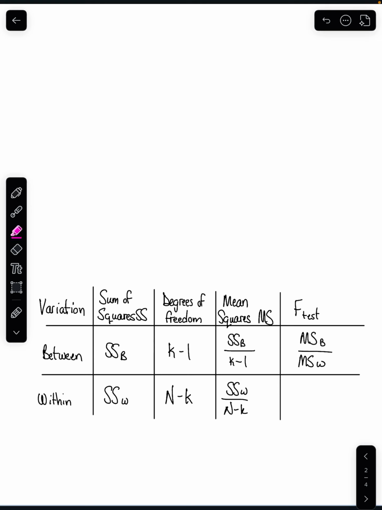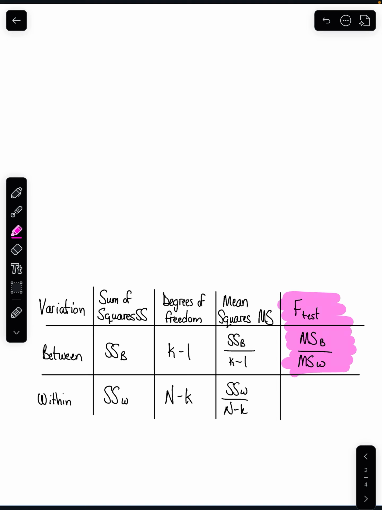And that is the statistic that we need to do our hypothesis test. As usual, once we have that, the rest is easy. We can either use a critical value if we can find that in an F table, or in a more reliable way, we can use the p-value method.